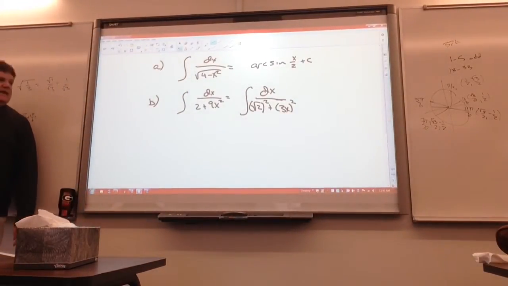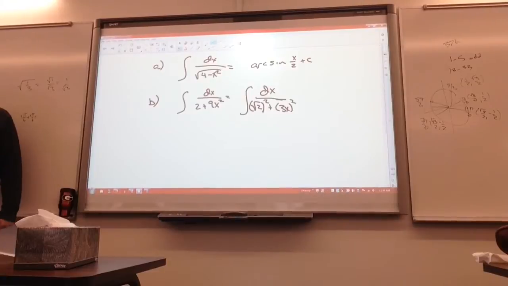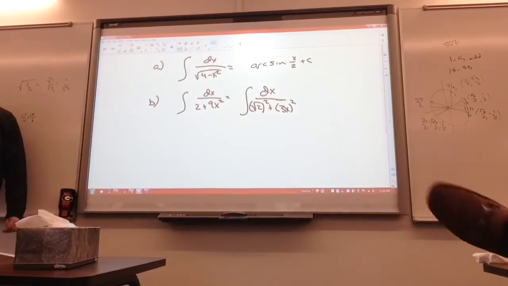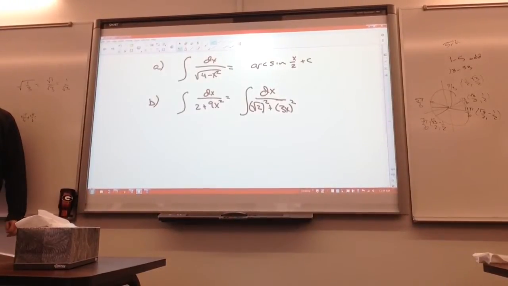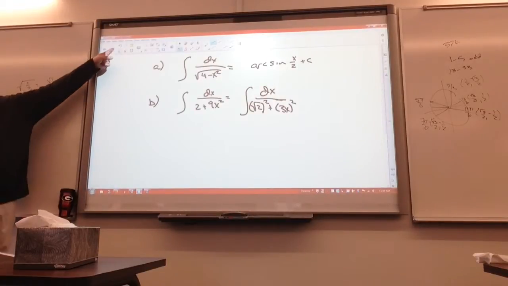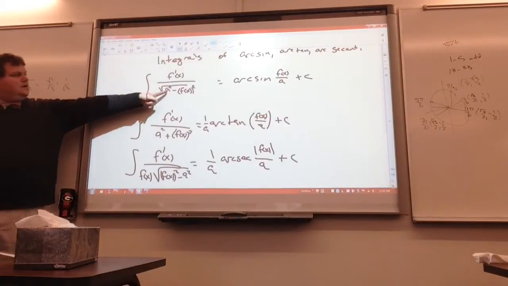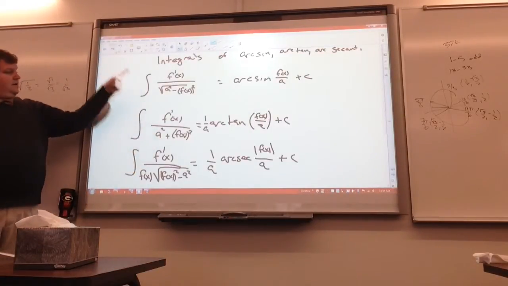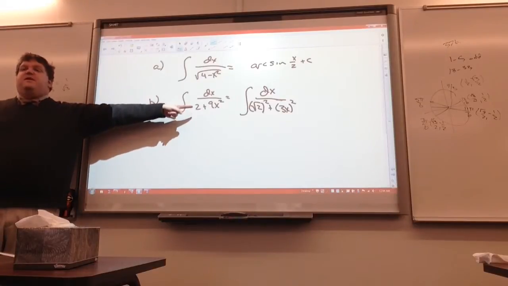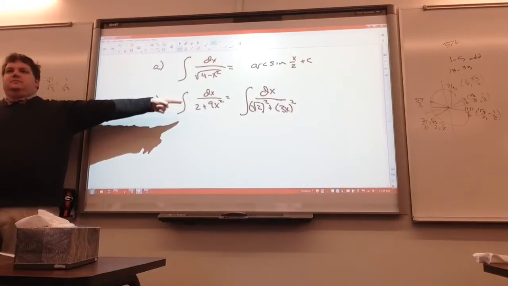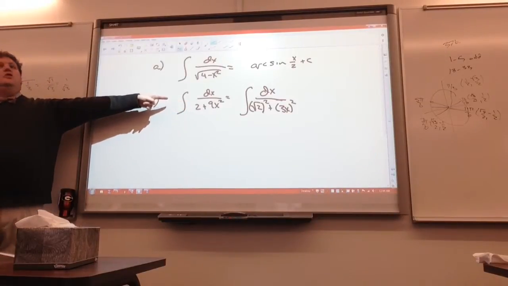I should be able to look at that now and be like, thing squared at the bottom, 2 things squared, this is going to be an arctangent. Why root 2 squared though? Because the formula doesn't call for those things at the bottom to have square root. It calls for them to be squared. That 2 there has to be the number squared, which is 4.